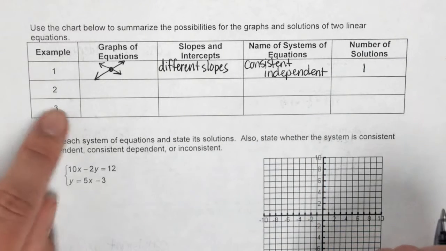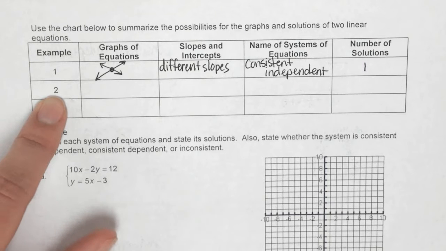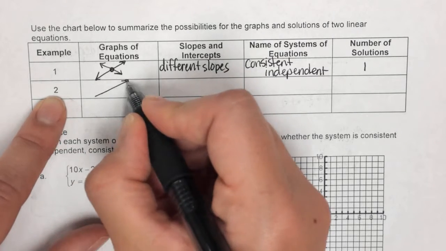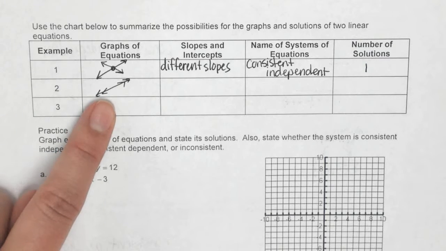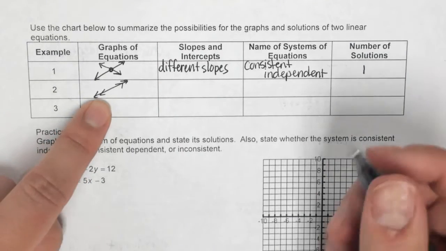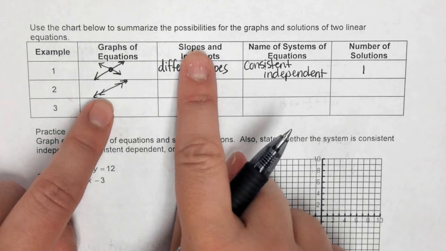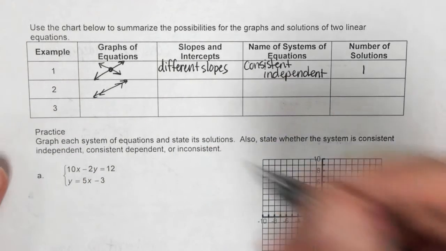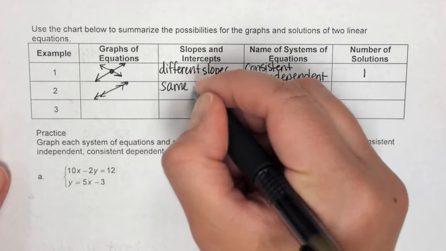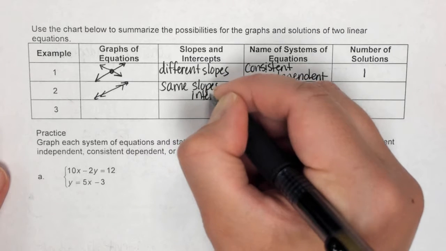Okay. Example 2. What kind of lines were in example 2? The same one, right? So a sketch of that could look like a line with two sets of arrows, coinciding lines, right? Okay. What about their slopes? Same or different? Same. What about the intercepts? Same or different? Same. Everything was the same, right? So I'm going to write same slopes and intercepts.